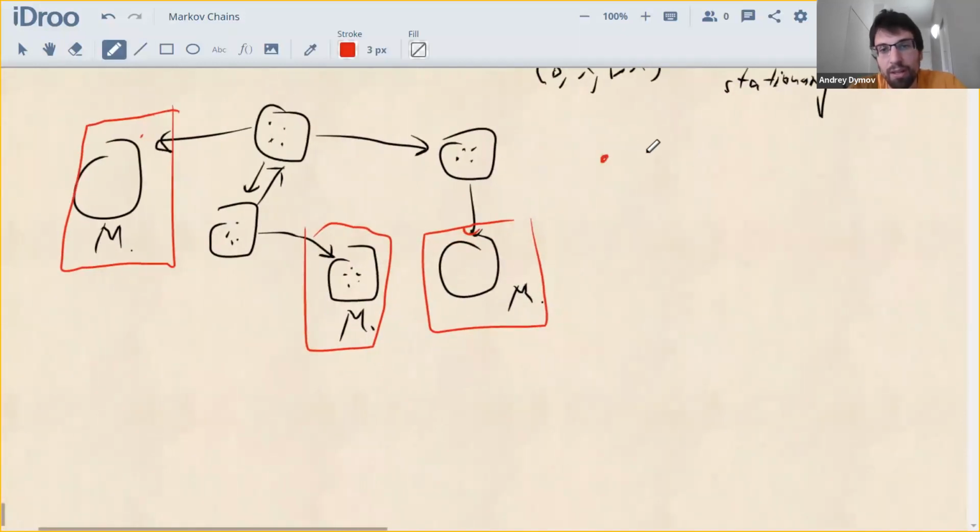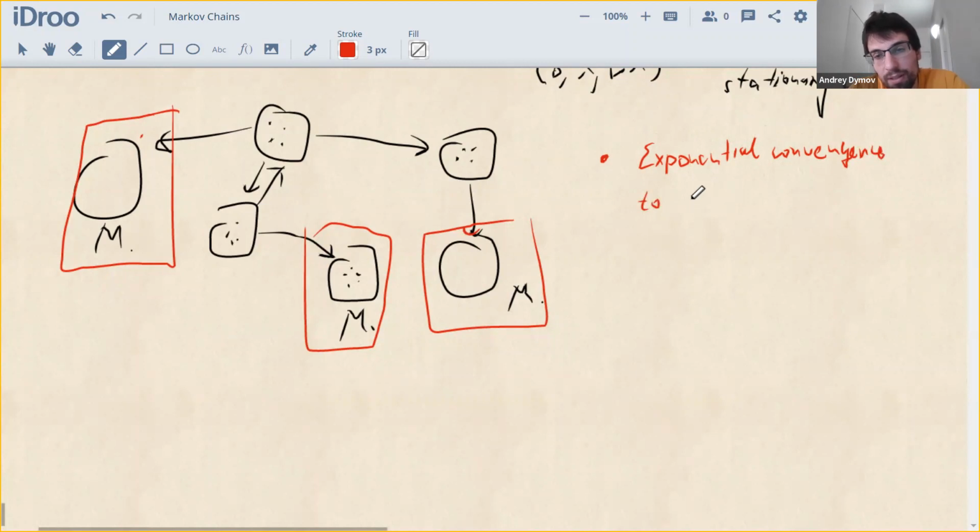Now I'll write it maybe not in a very accurate way, but I think it's clear what I mean. Exponentially fast, exponential convergence to the set E, which is a union of minimal communicating classes.